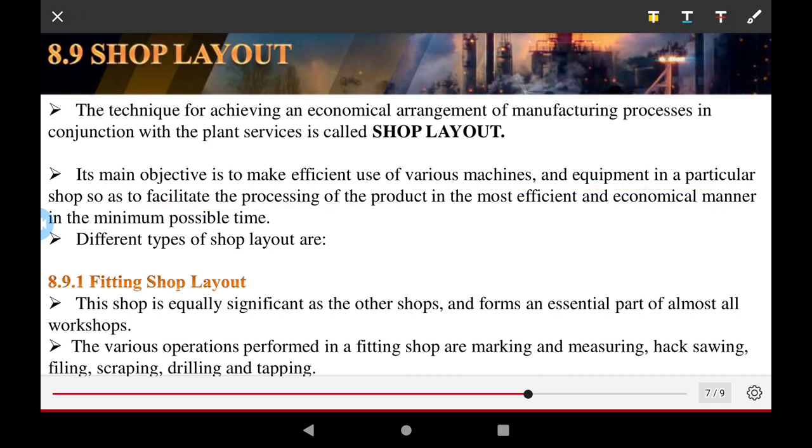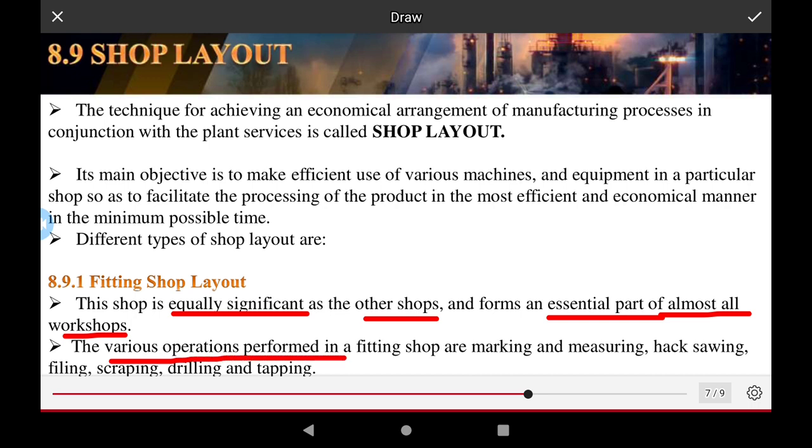What is the fitting shop? This shop is equally significant as the other shops and forms an essential part of almost all workshops.